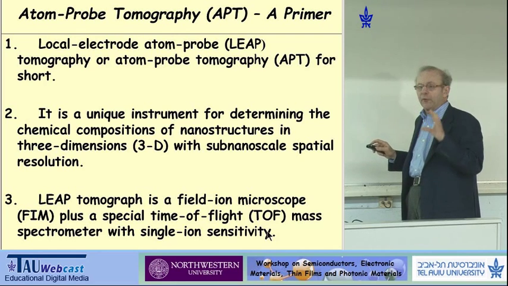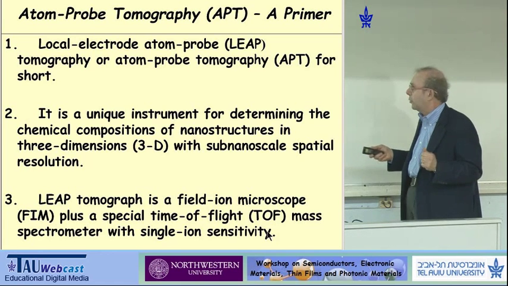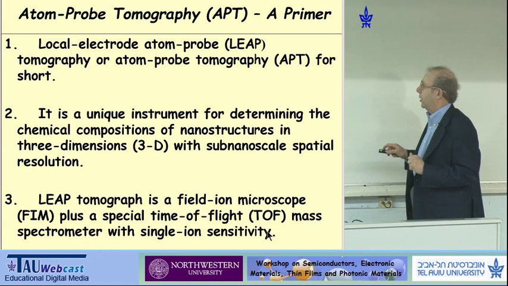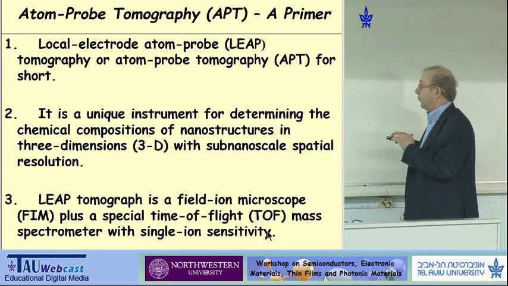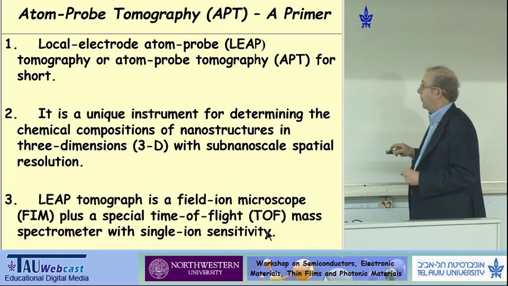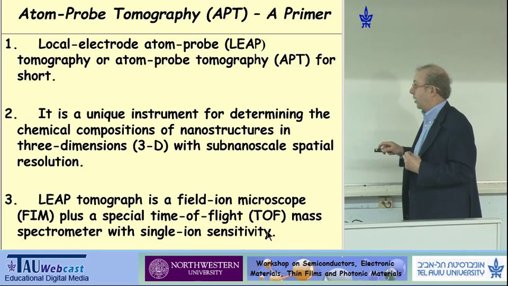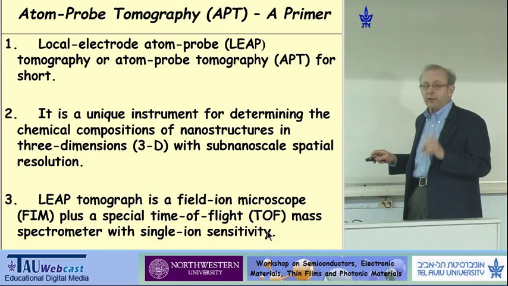You don't get a perfect reconstruction like a ball and stick model that you can buy to teach your students crystallography, but for many things it's good enough. And I just want to emphasize it involves a combination of both field ion microscopy, where you can see atoms in direct space, plus this special time of flight mass spectrometer, and it has single ion sensitivity.